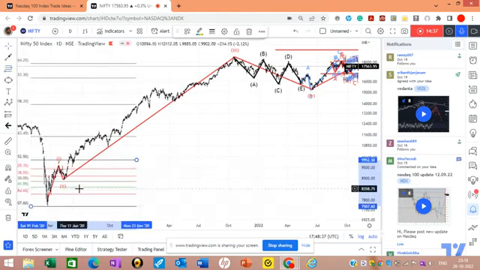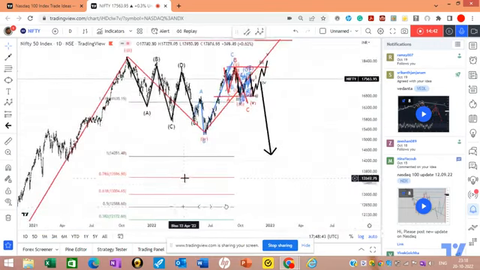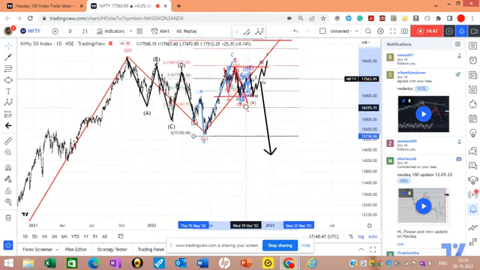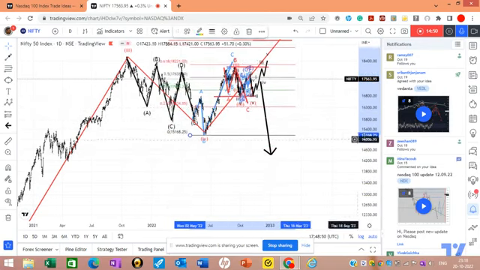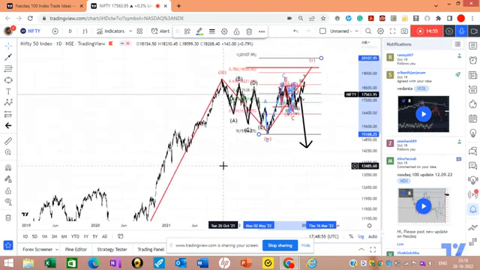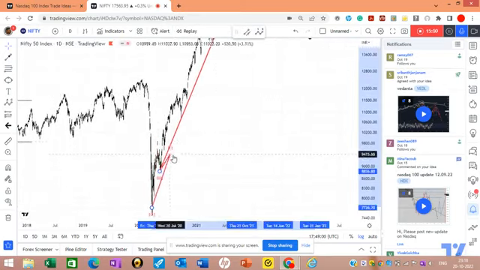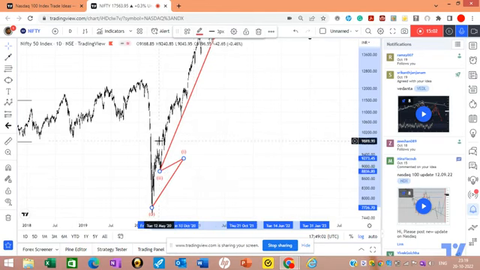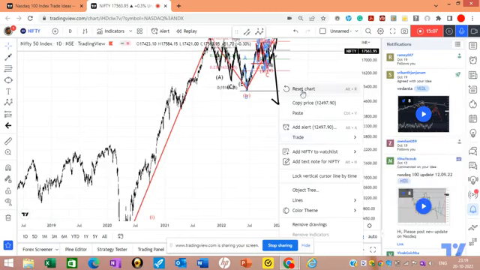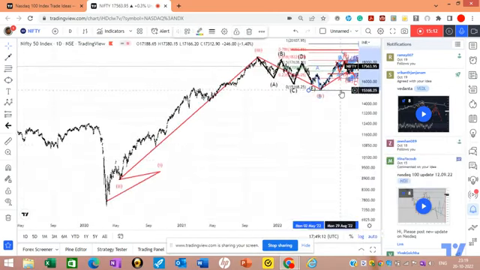So this is wave 1, and this is... something wrong with my... because this is first wave. Let me again check it.